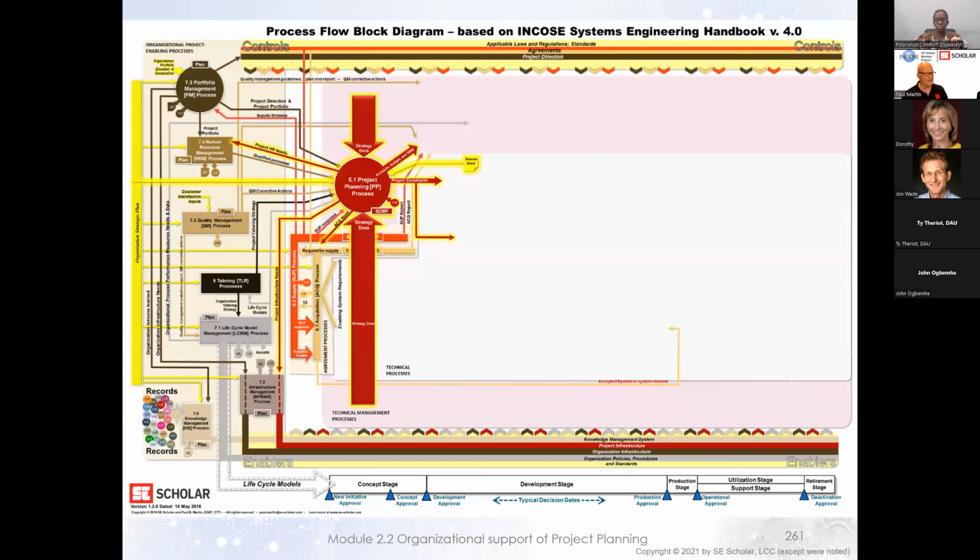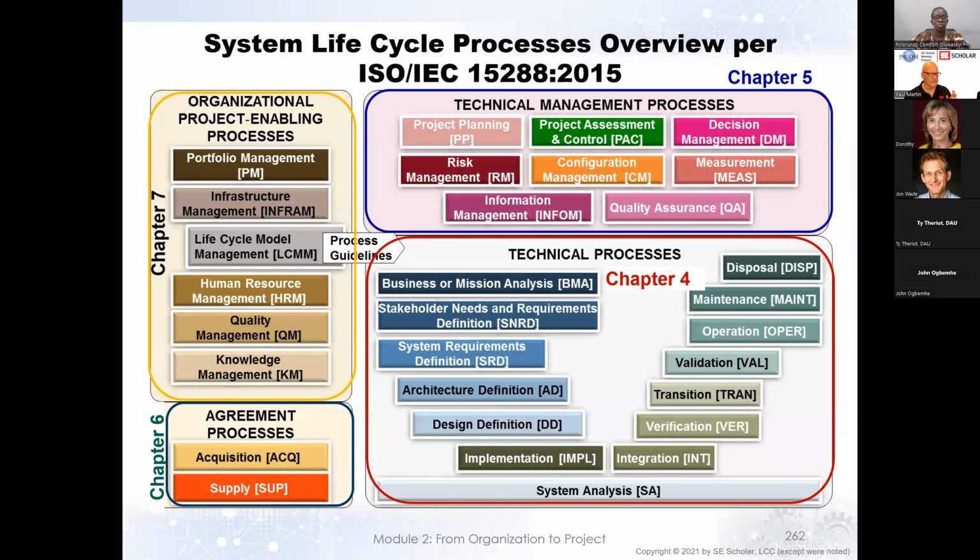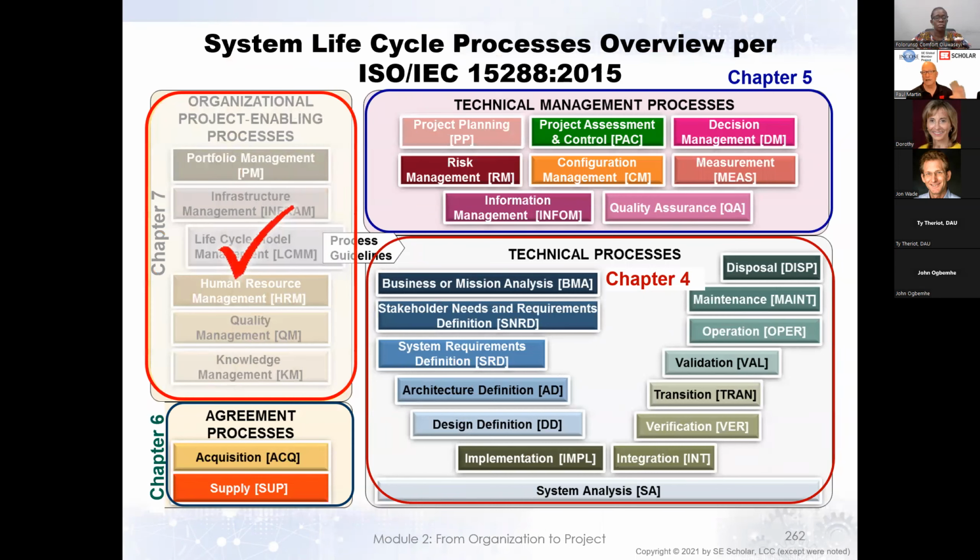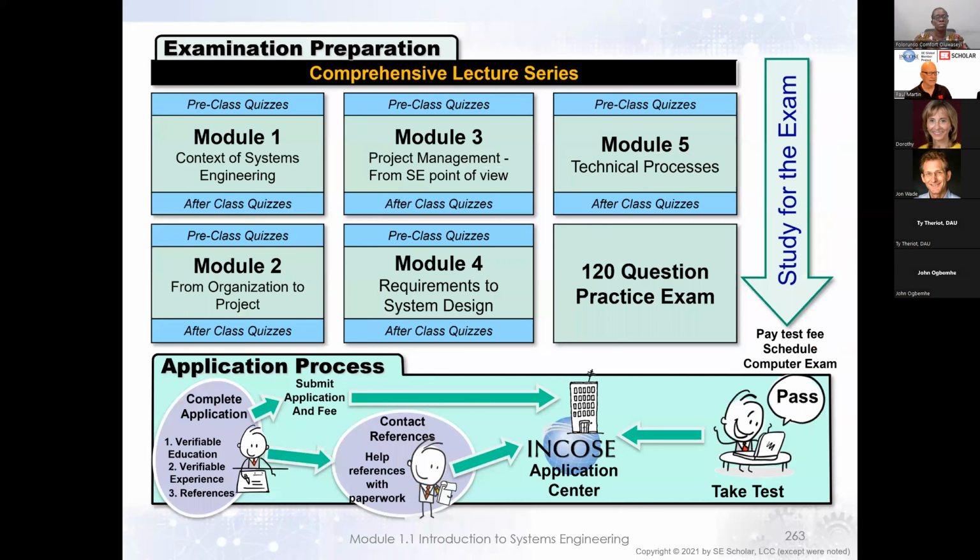We actually finished the organizational project-enabling processes, and notice that we're starting to get the controls and enablers in place through the organizational processes. The project planning, with these 2 big red arrows, is explained as well for module 2. So really, we cover chapter 7, we cover chapter 6, and we're just getting started with chapter 5.